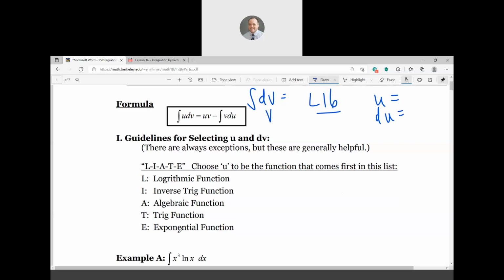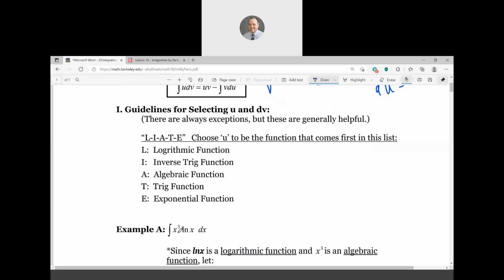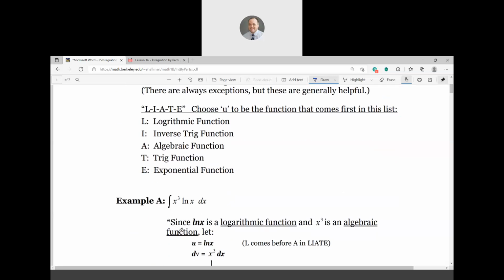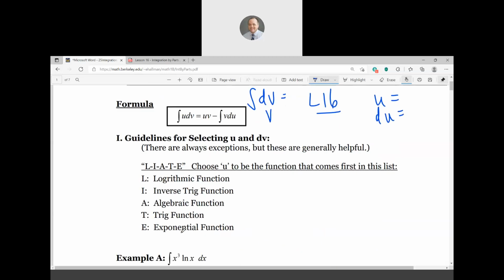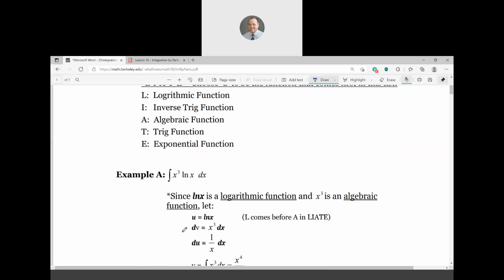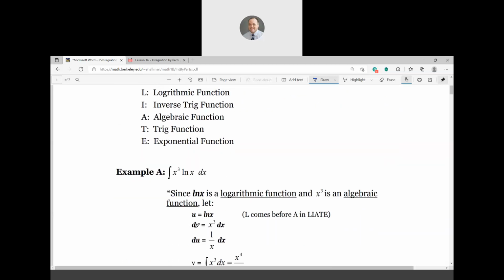If you have an exponential function, then chances are you're going to let that be your dv and integrate it. Let me caution you, with integration by parts, you may have to, like with L'Hopital's rule, use the integration by parts more than once.